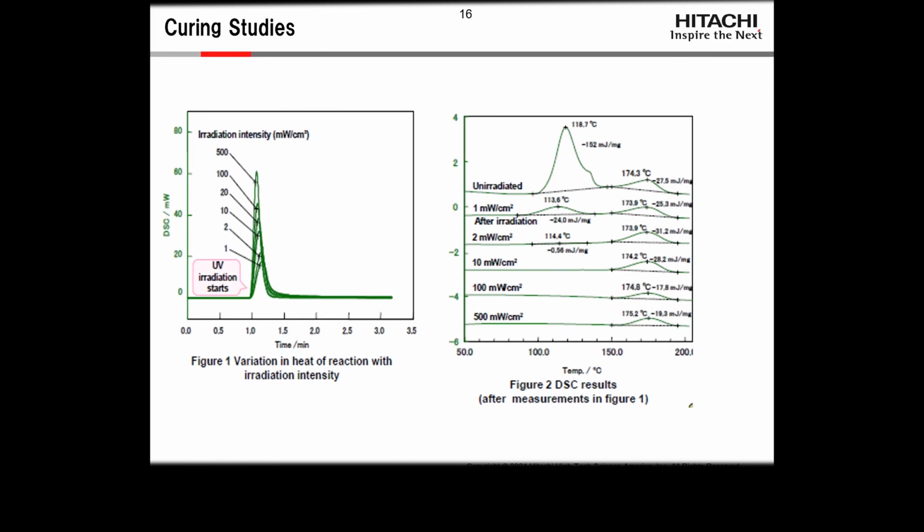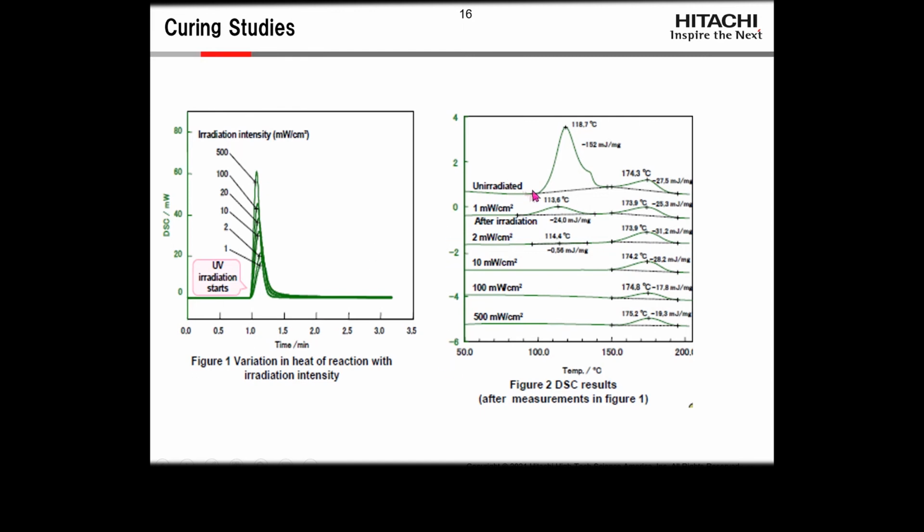If we look at materials that cure in the DSC, whether we cure by light or by heat, it turns out to give us very similar data. If we look at irradiation curing, because a lot of people are moving to optical curing methods where we irradiate because you get less VOCs, so you have less pollution, we can see that as intensity increases, the energy of the cure increases.